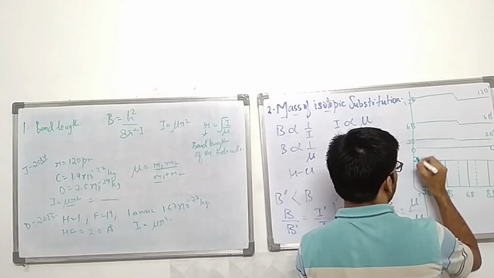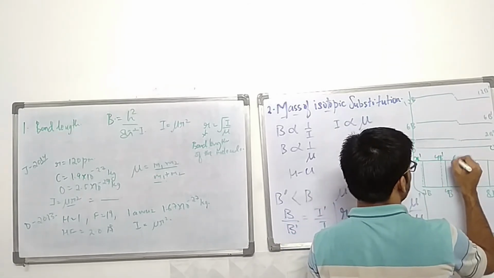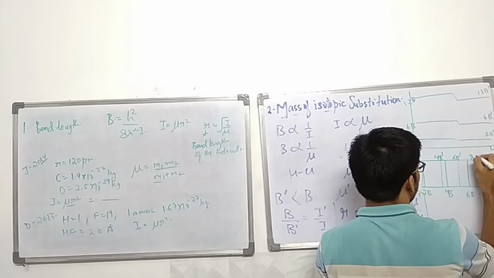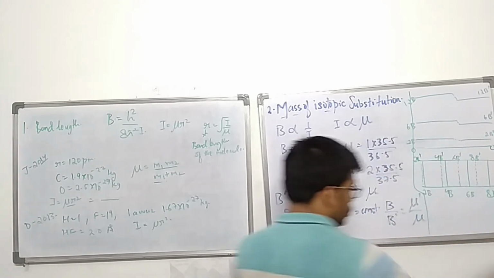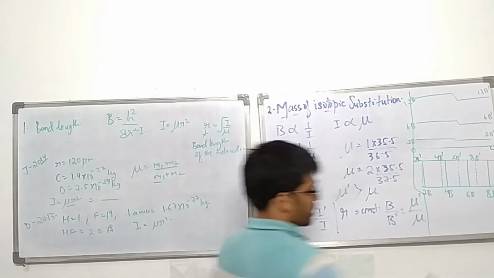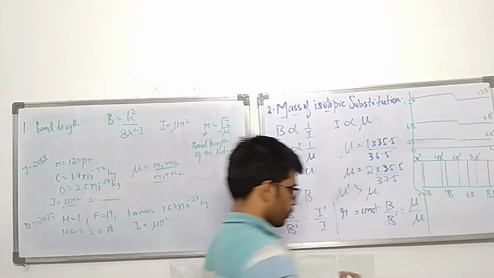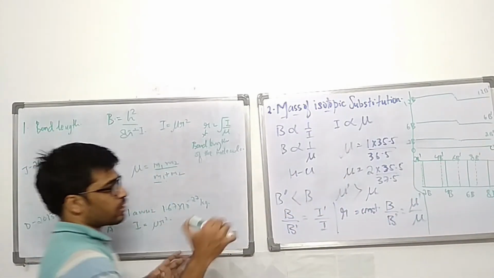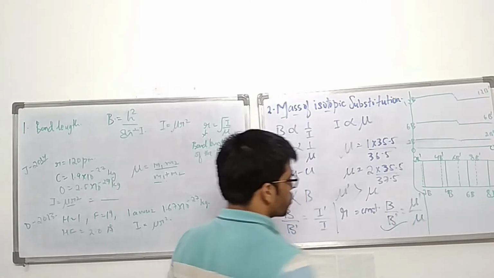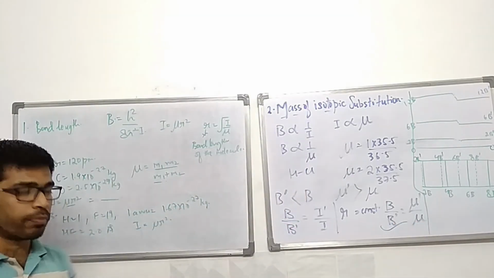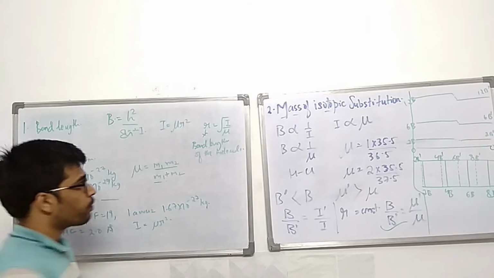This is 2B dash, 4B dash, 6B dash, 8B dash, and so on. The spacings are now decreasing. So using this formula, you can find the mass of the isotopically substituted element.